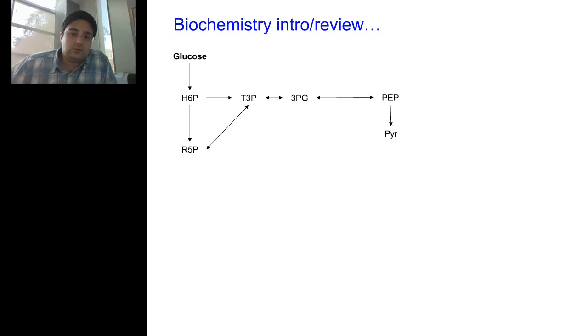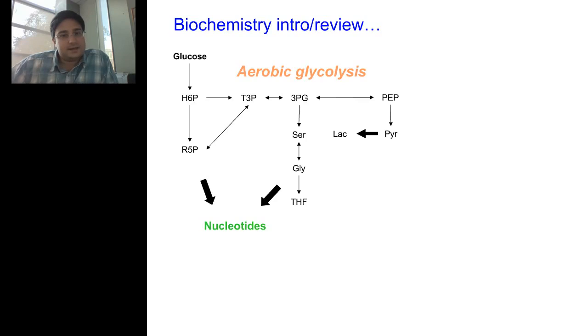What Warburg demonstrated is that cancer cells exhibit aerobic glycolysis, so they selectively divert much of this pyruvate to lactic acid. We think this occurs, but we don't really know for sure why, to facilitate biosynthetic flux of intermediates toward nucleotides or lipid biosynthesis.